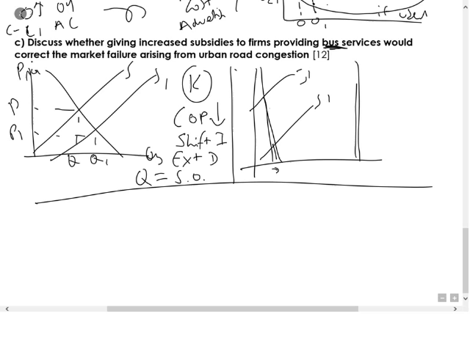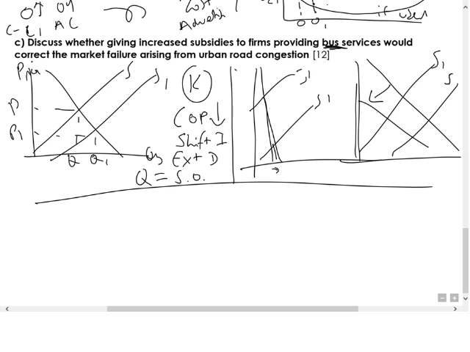Or you could analyse it as bus being an inferior good, and while you're subsidising there is a fall in incomes and demand for buses falls. So those are two arguments to say that you don't end up with the social optimum.